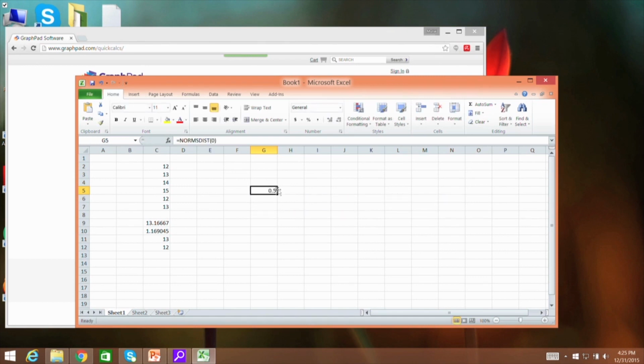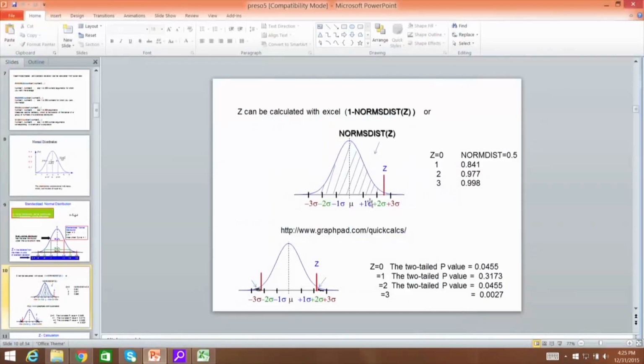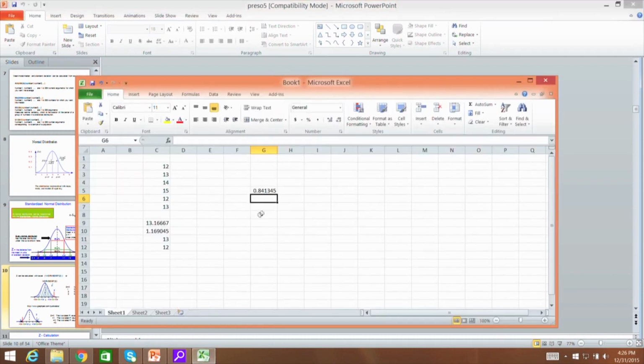When I put normdist with Z equal to 1, that is 0.841, that means this side of the area is 0.84. When I put Z equal to 2, this area is 0.977.